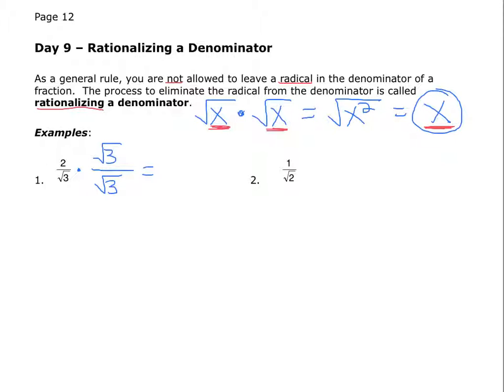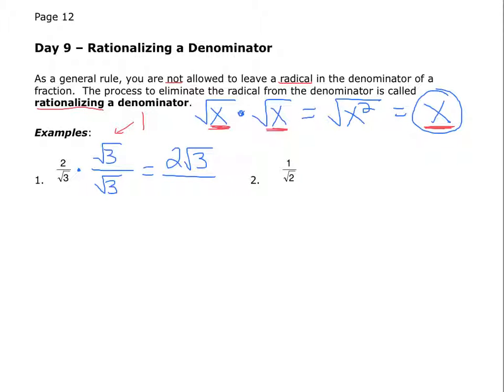What this is essentially doing is multiplying the entire problem by 1, because radical 3 over radical 3 is really a 1. So we're not changing the value of it, but we are changing its appearance by using this little trick. The numerator of this problem is now 2 radical 3, because they're going to multiply together.